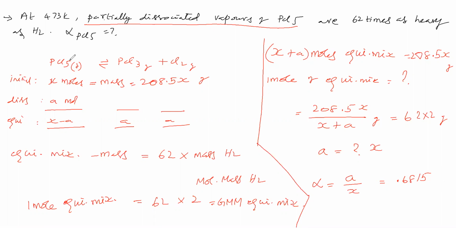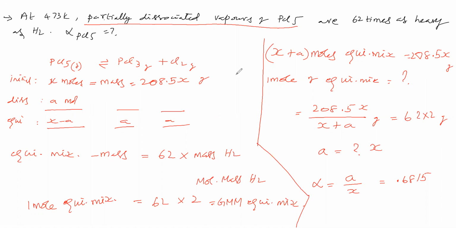Now initially we will take exactly 1 mole of PCl5. If we take 1 mole of PCl5, we can call the degree of dissociation alpha, and then x will not be there. That's all. In that way also we can proceed. Here we are taking x moles of PCl5, with molecular mass 208.5, so the mass is 208.5 into x.